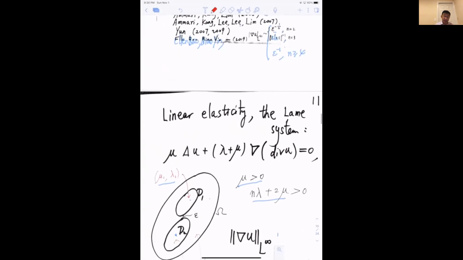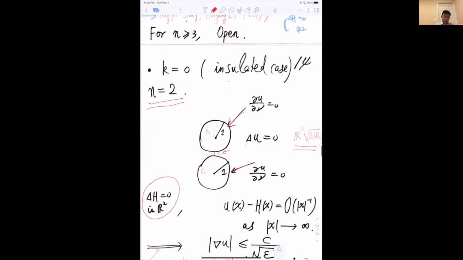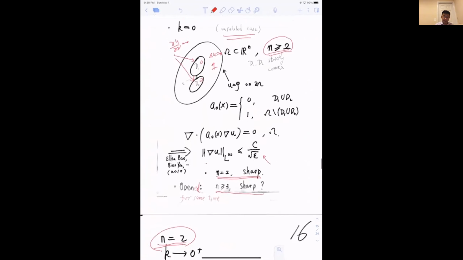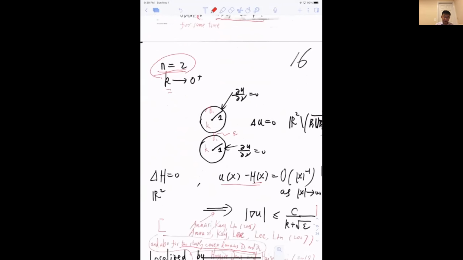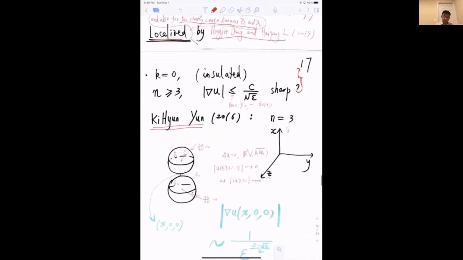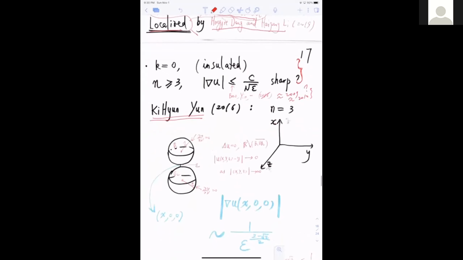Maybe 2009 or 2011, that's our second paper. Okay, this year was wrong. This is probably 2009 or 2010, around that. I don't remember. So this is more recent. So Yun.